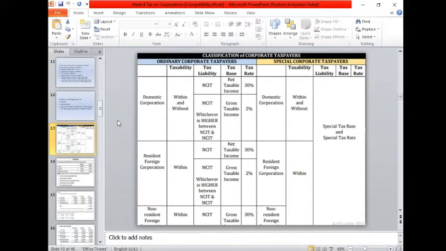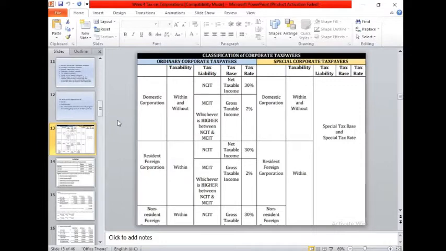So the tax base also is the net taxable income and the gross taxable income, and the tax rate for the corporation is, of course, the same as for the domestic corporation: the normal corporate income tax and the minimum corporate income tax, whichever is higher, okay? Whichever is higher between the two will be adopted, collected, and paid by the corporation.